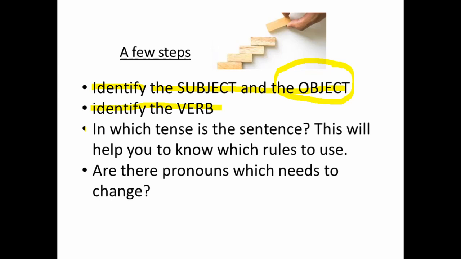When you get to grade 6 and 7, you will need to know in which tense the sentence is. This will help you to know which rules to apply, because each tense has a different set of rules when it comes to changing a sentence in Lydende vorm. And the last step that you need to consider is, are there pronouns which need to change?